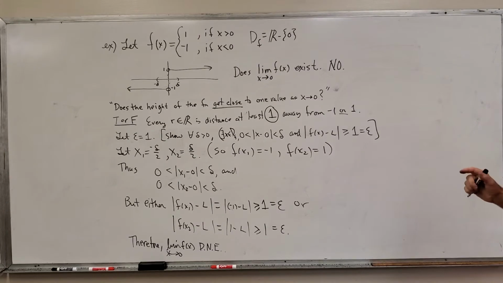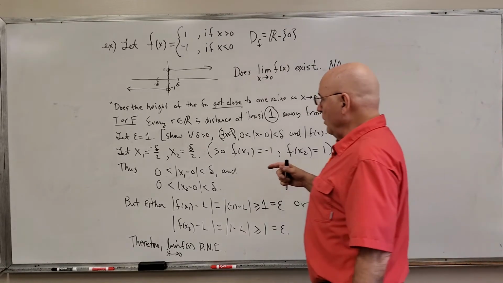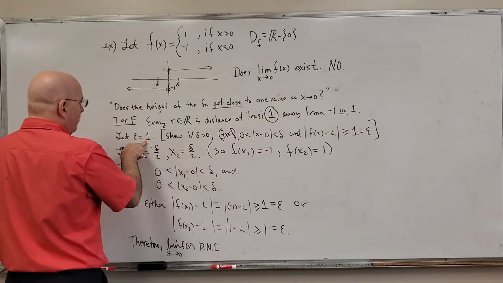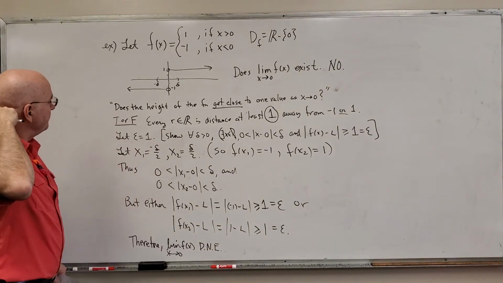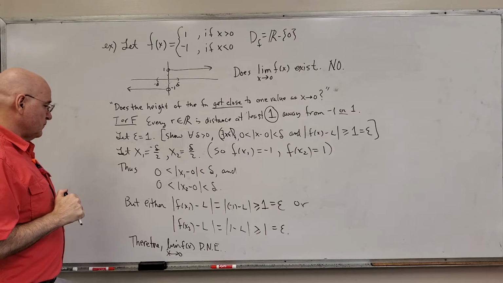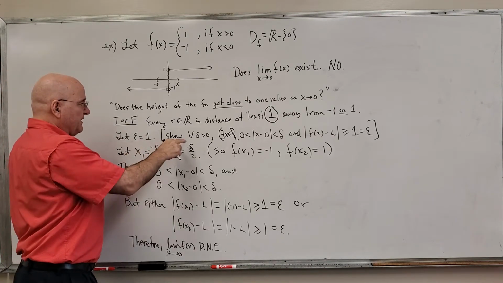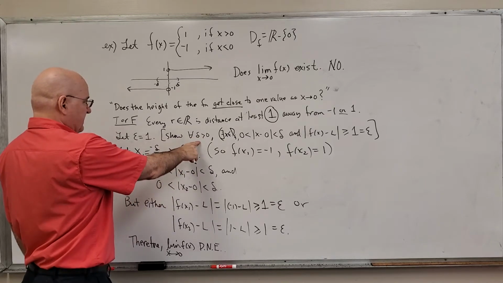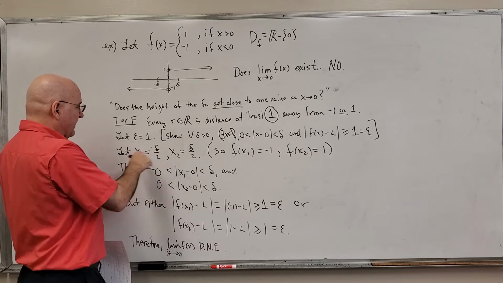So to show that the limit doesn't exist, for epsilon equal to 1, now I couldn't have chosen anything bigger than 1, but I could have chosen any positive number smaller than 1 for epsilon. For epsilon 1, we needed to show that for every delta, and which we did, because we used delta to define our x1 and x2.